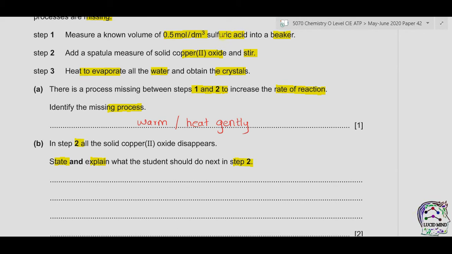So in order to remove all the sulfuric acid, we should add excess of copper 2 oxide into sulfuric acid until all the copper oxide has been reacted. So we can say that we have to keep adding copper oxide until it is in excess.